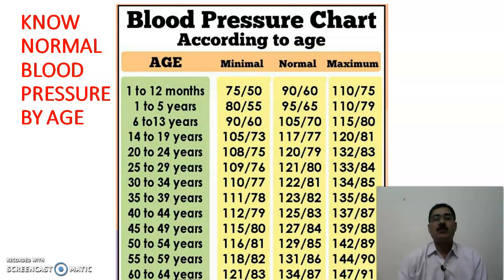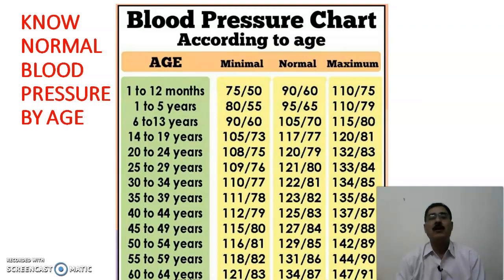In the leftmost column, the years are mentioned from 1 to 12 months at first, and the last is 60 to 64 years. You can see the blood pressure is shown with minimal, normal, and maximum, where you can see if it exceeds the maximum level in all these age categories.